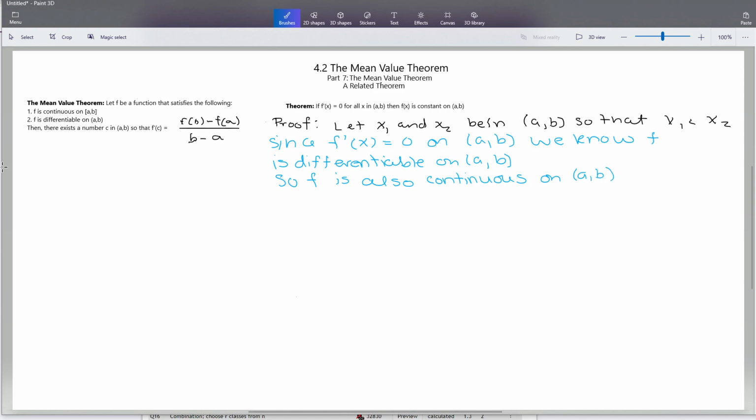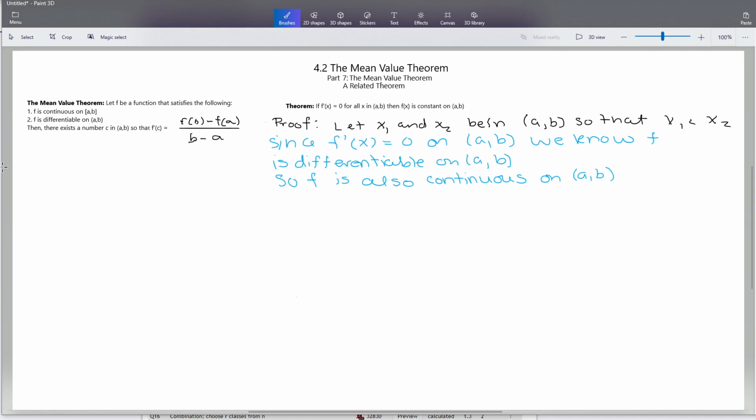Okay, so like we talked about, this is almost enough to just apply the mean value theorem to the interval AB, but we don't know that f is continuous at the endpoints, so we can't just apply this theorem.